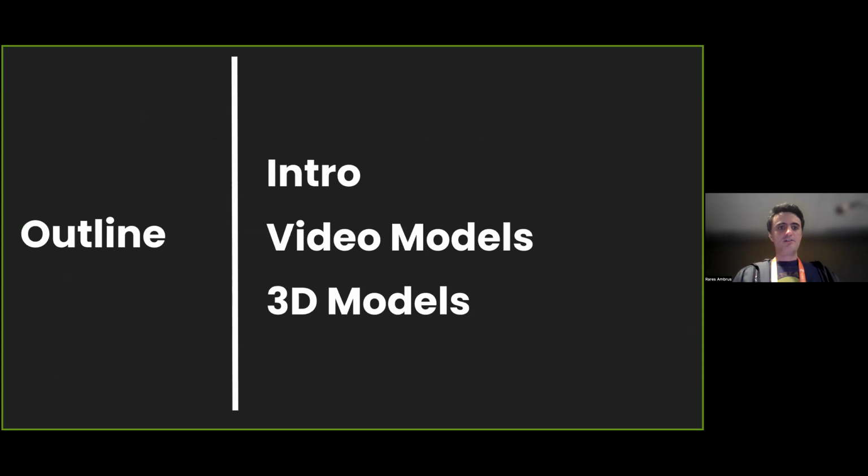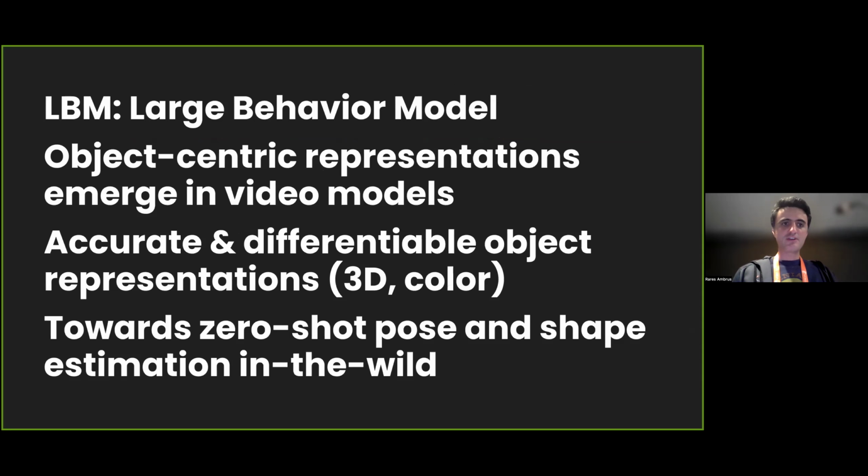Okay. So with that, I come to the end of my presentation in the 3 sections. We basically talked briefly in the beginning about this large behavior model, which is what we're trying to achieve in the robotics division. We want to be able to learn from different kinds of data, which means being able to adapt to different modalities and deal with them. We saw that when we train on videos, we get these object-centric representations. They emerge without that sort of direct supervision, which is very nice.